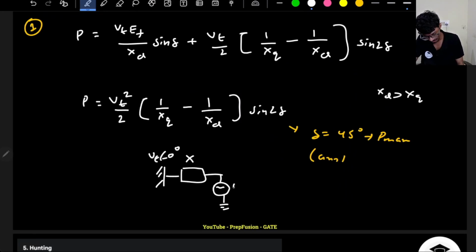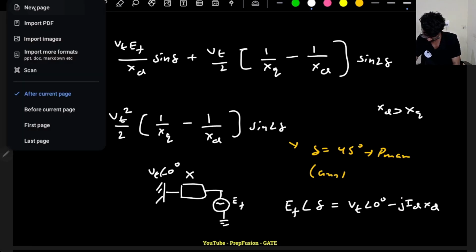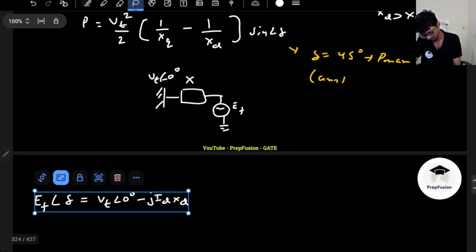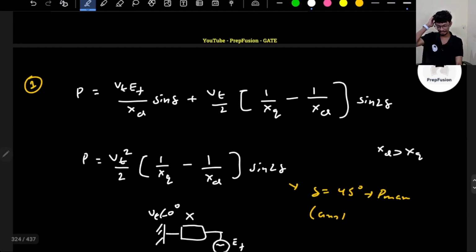So basically if I want to write the equation, EF angle delta, delta is negative, remember, equals Vt angle 0 minus, resistance is not there, so j into Id Xd and minus j into Iq Xq. Okay, so from here I can easily find out the armature.